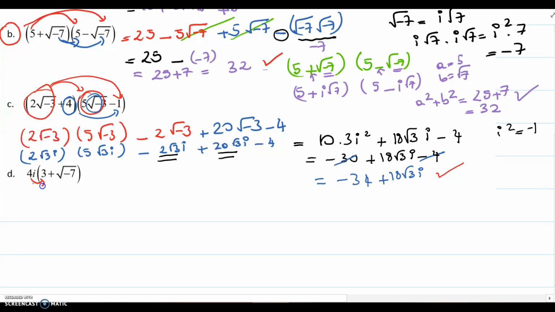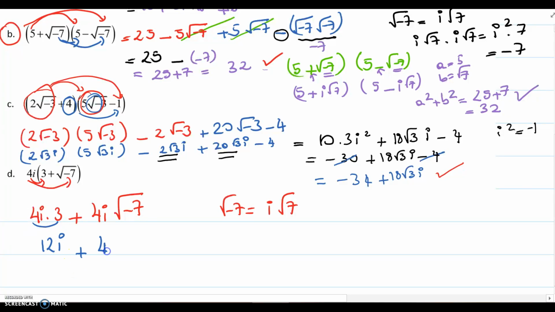So we're going to distribute that guy over. So that will be 4i times 3 plus 4i times negative square root of 7. So negative square root of 7, that will be i square root of 7. So this guy will become 12i plus 4i times i square root of 7.